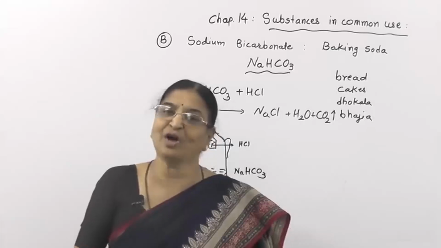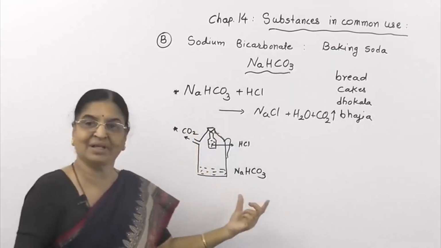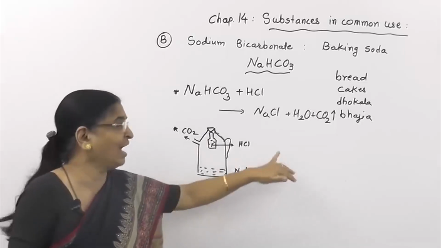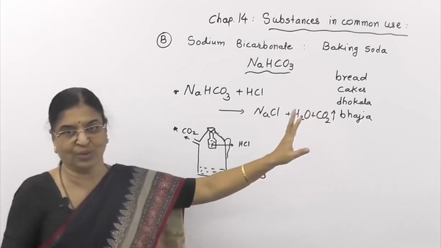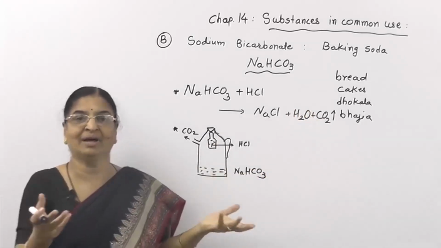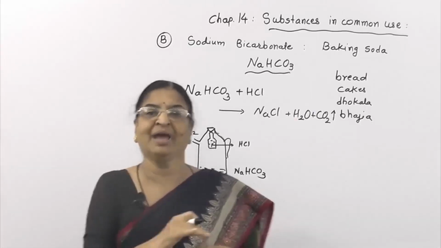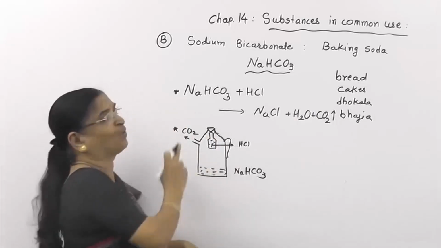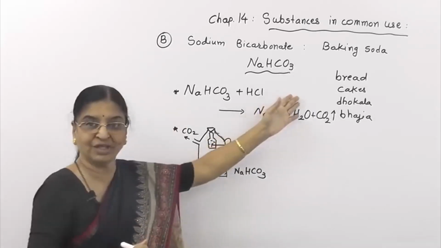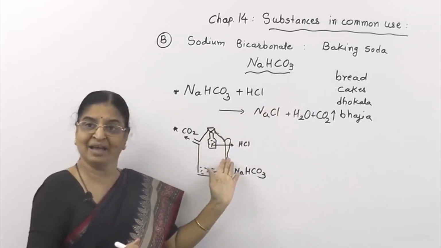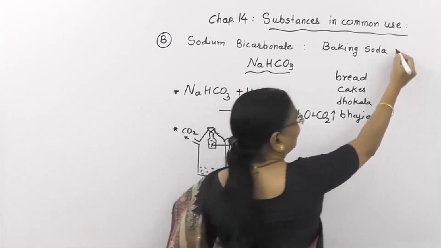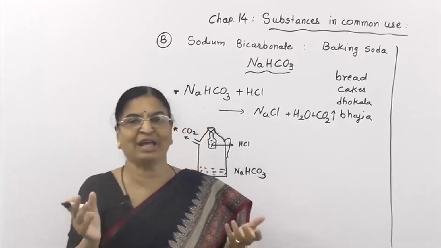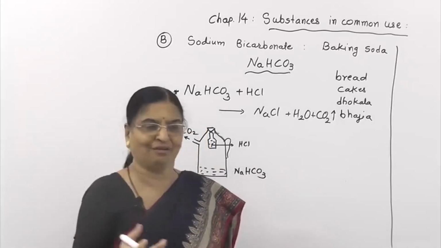Otherwise washing soda also can be used here, but generally baking soda is used because water is also formed, and we can have this CO2, and this CO2 will cover the fire whatever is burning and can control the fire over there. So we can use this sodium bicarbonate in our foodstuff as well as in the fire extinguisher.